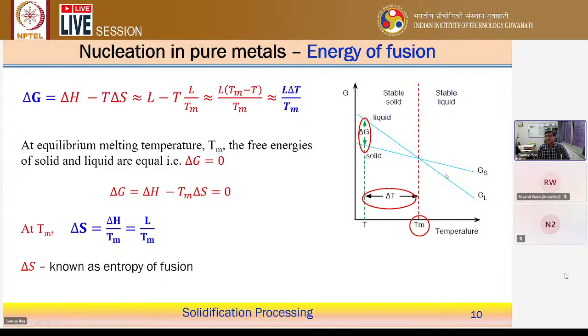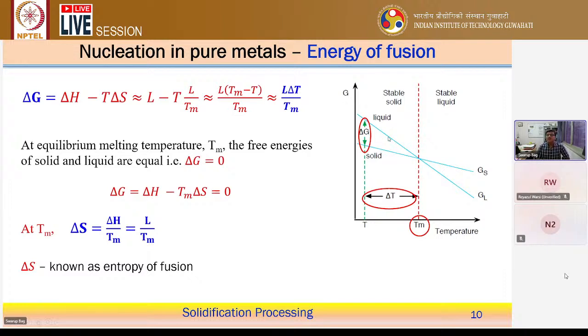The liquid phase has the higher slope, and below the melting point temperature the solid phase is more stable, so it has a more negative value. So the solid phase Gibbs free energy is lower, and the liquid phase Gibbs free energy is higher below the melting point temperature.